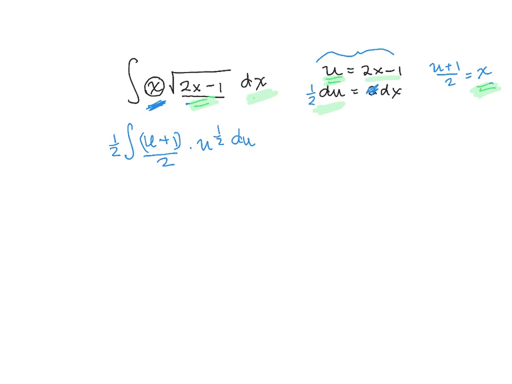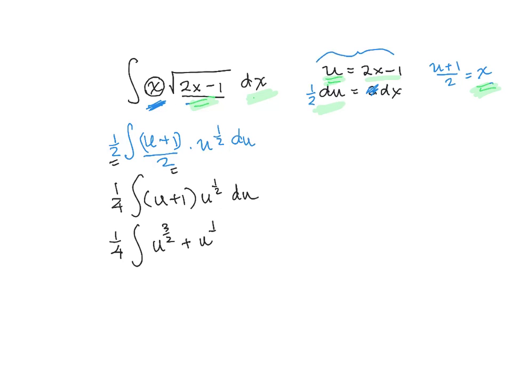So let's pull out all the constants, 1/4, because that's 1/2 times that 1/2. And then we have u plus 1 times u to the 1/2. We can distribute that and get u to the 3/2 plus u to the 1/2.